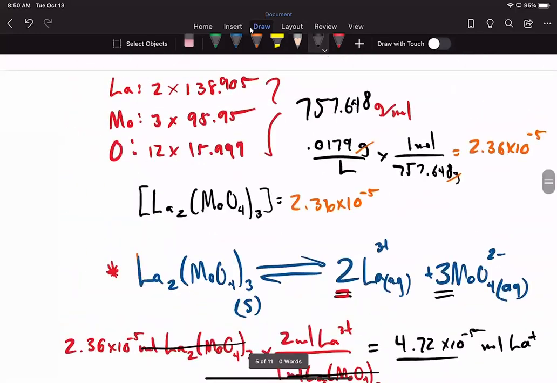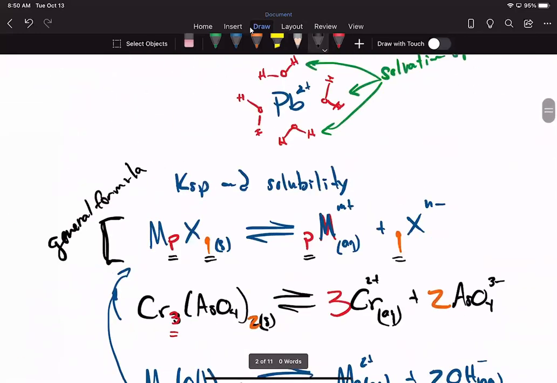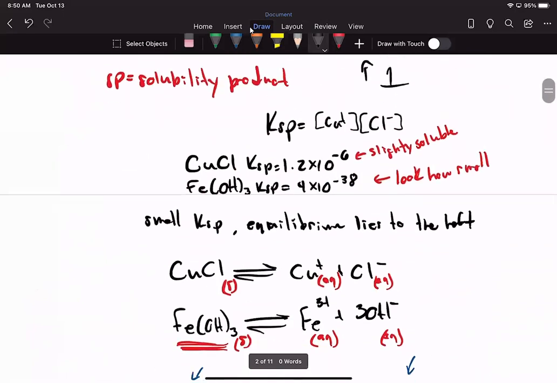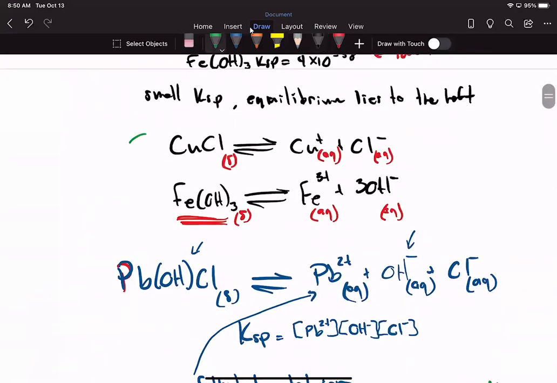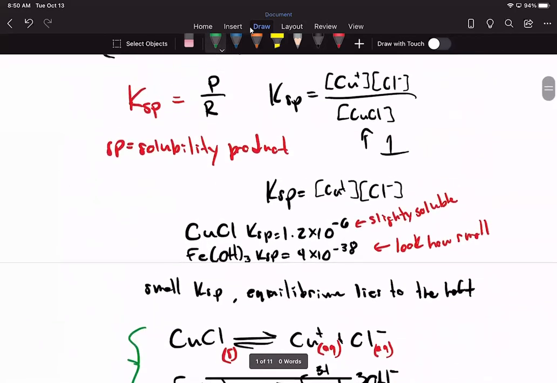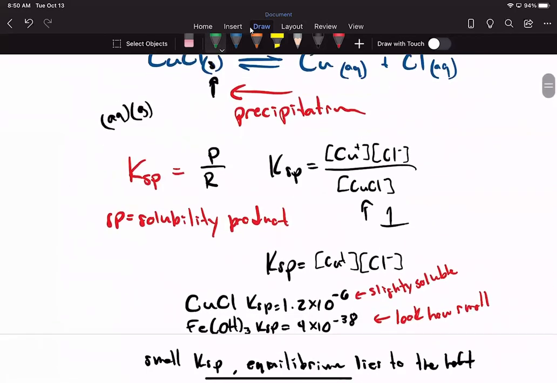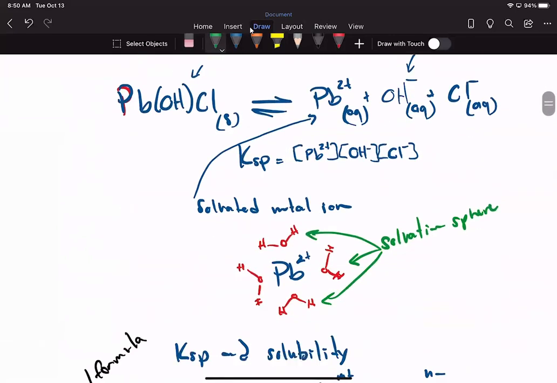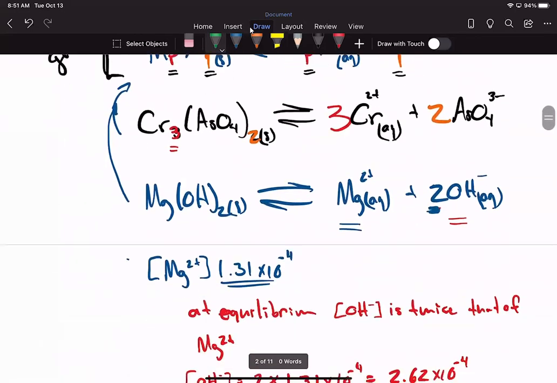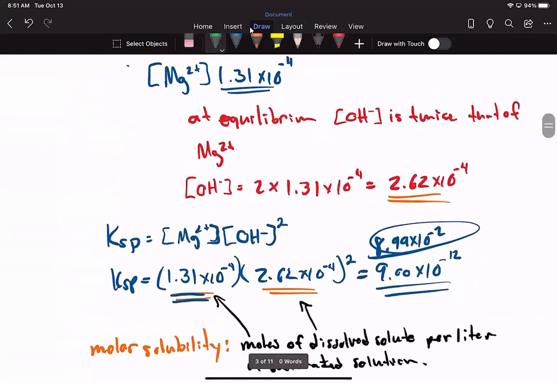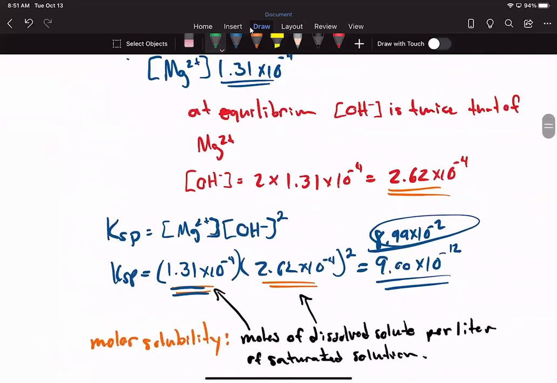Let's review what we did. We got a feel for how to write these reactions, taking some solid and breaking it up into ions. Our solubility product is a constant, and in order to calculate it, we need the equilibrium concentrations. If we're given one equilibrium concentration, we can figure out the other just by looking at our formula.